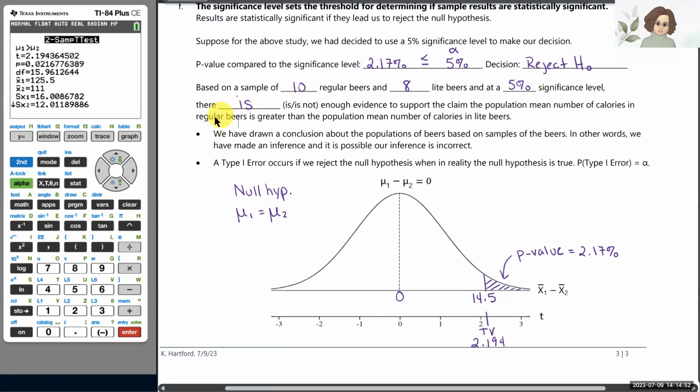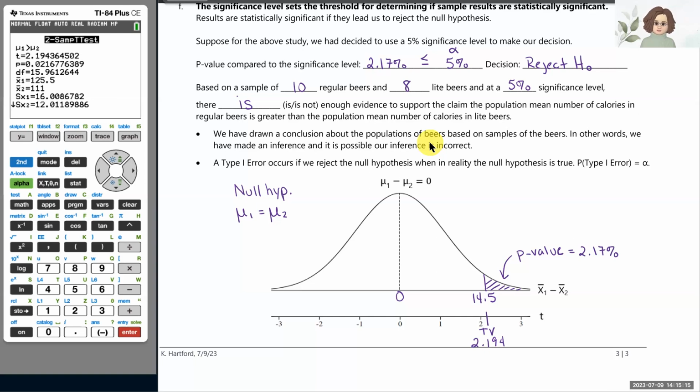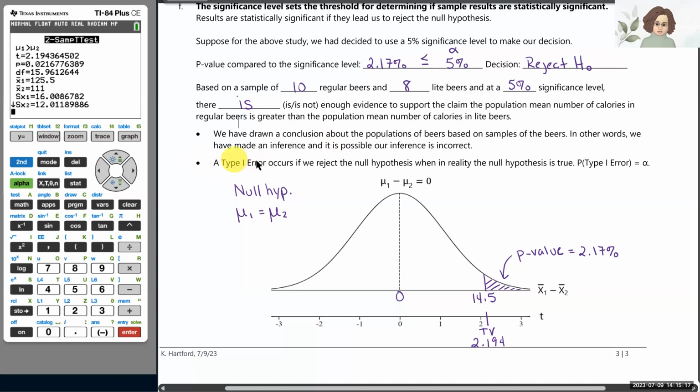To summarize, we've drawn a conclusion about the populations of beers based only on samples. In other words, we've made an inference. When we make an inference, using samples to draw conclusions about populations, it is always possible to be incorrect because samples are not perfect pictures of an entire population. A type 1 error occurs if we reject the null hypothesis, as I just did here, when in reality the null hypothesis were true.